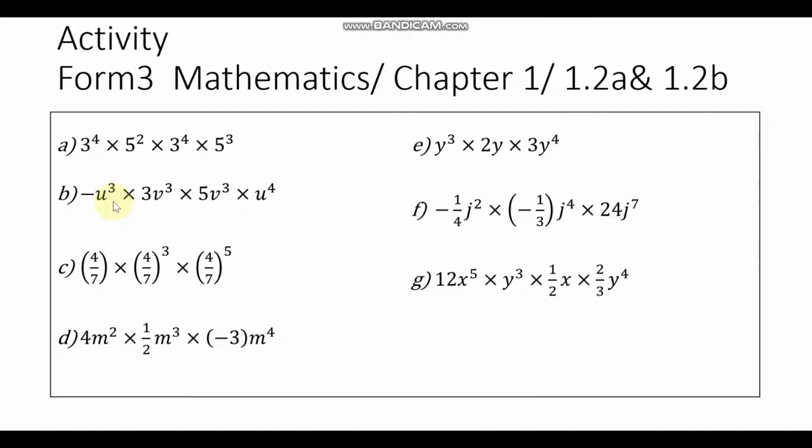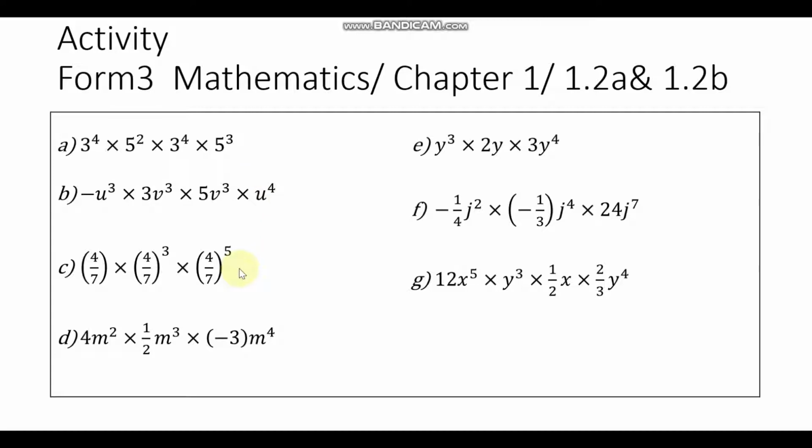The second question here, we have two bases as well. First one is u, second one is v. Please take note that this index form doesn't have a number in front of the terms u, so we have to put 1 here and 1 here in front of u.